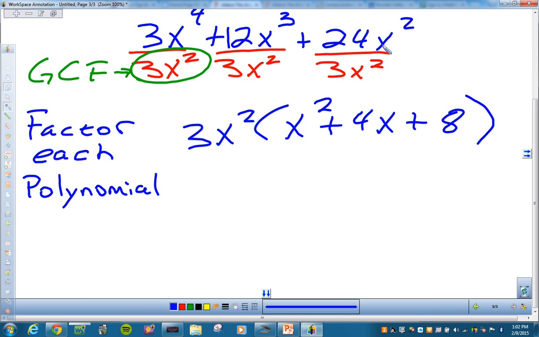The smallest number of x's that I have is x squared, so I can take that out. You could take an x out. Okay?